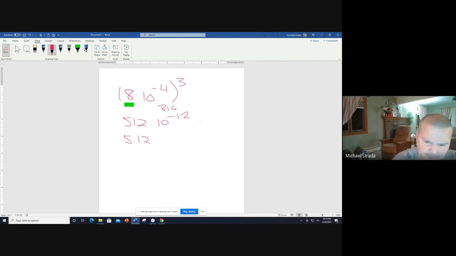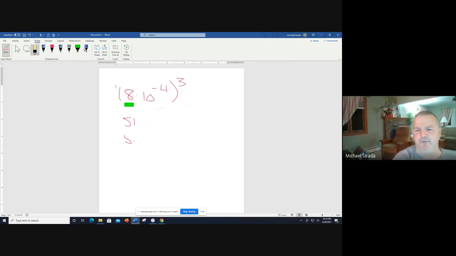That becomes 10 to the negative 10. Remember, when I make a negative number bigger, from previous sections, the absolute value part is going to get smaller. So I end up with 5.12 times 10 to the negative 10. Keep that in mind when finalizing your answers.